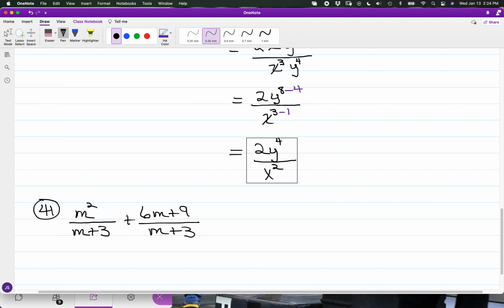So again, the operation between the fractions is addition, so no multiplication, no division yet. All right, so we got the same denominator, and I can go ahead and combine the numerators. So we have m squared plus 6m plus 9 all over m plus 3.